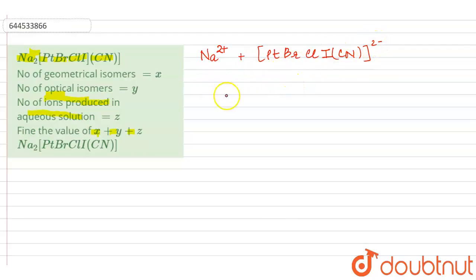Now the structure of it would be: the central atom is platinum, and 4 different groups are attached to it: bromine, chlorine, cyanide, that is C triple bond N, and iodide. This is the compound's structure, with 2 minus charge, and Na2 plus also present.